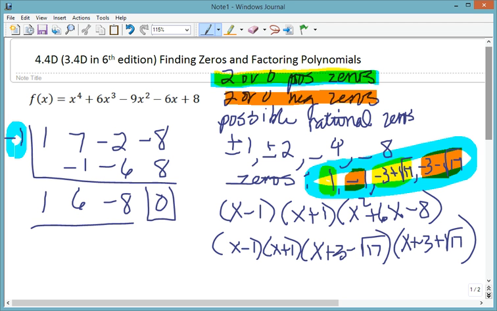We start trying them using what we learned from Descartes' rule of signs and using upper and lower bounds. We start narrowing it down until we find some zeros. We find enough zeros that what's left over here is a quadratic. Once we have it to a quadratic, we can either factor it or put it into the quadratic formula and find the other 2 zeros. That's what we're after when we do it.